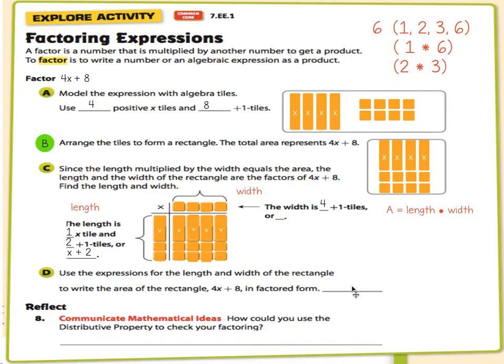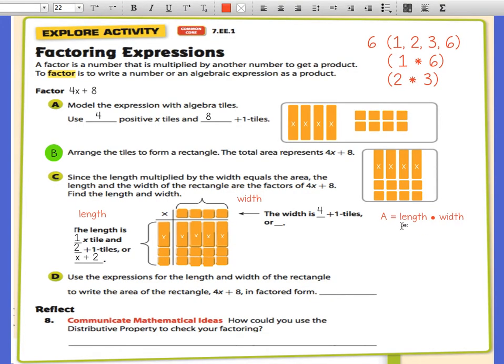All right, so then now we would take our length and multiply it by our width, and our length in this case we said was x times 2, and then that would all have to be multiplied by 4. And I'm sorry, it's not x times 2, it's x plus 2. And that would have to happen first when we found our length, so that has to go in parentheses.